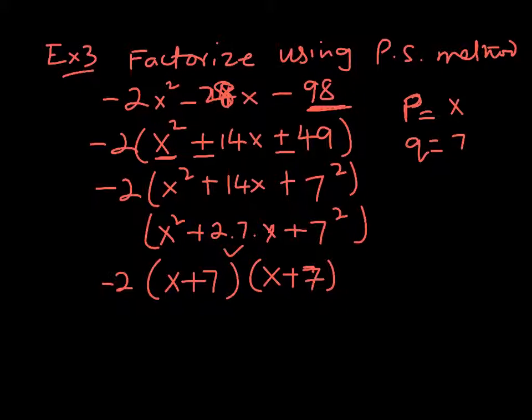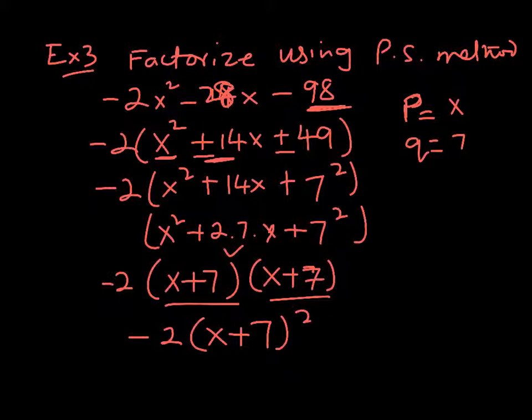If it's a negative sign at the second term, then we're going to use a negative sign. So this is negative 2 into x plus 7 into x plus 7, which can be written as a single term: negative 2 into x plus 7 squared.